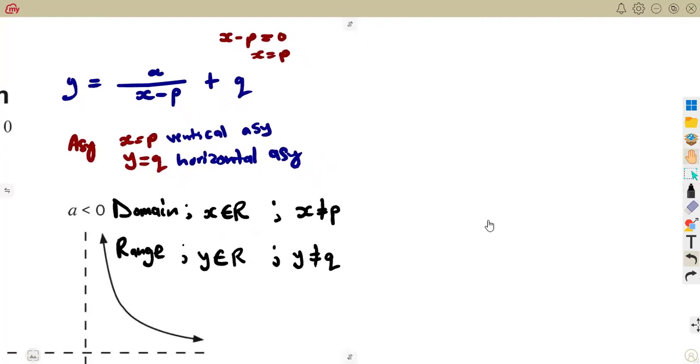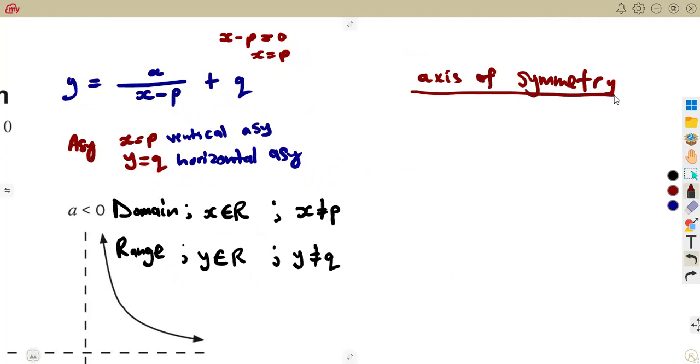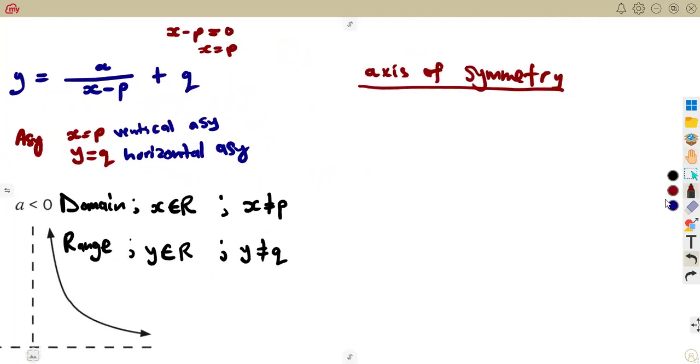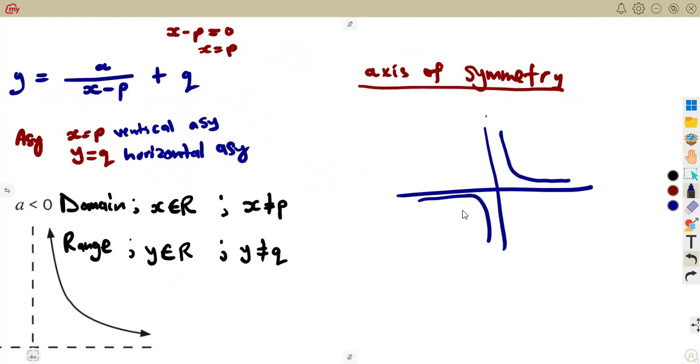All right, I'm going to add about the axis of symmetry. Let me just also write it here. The axis of symmetry, then I'll explain later on. As for the axis of symmetry, this time we are not going to have directly our function in this way where it is going to be y is equal to x.